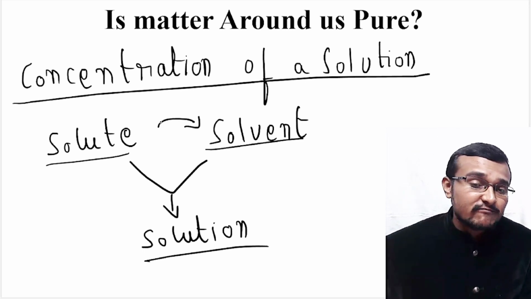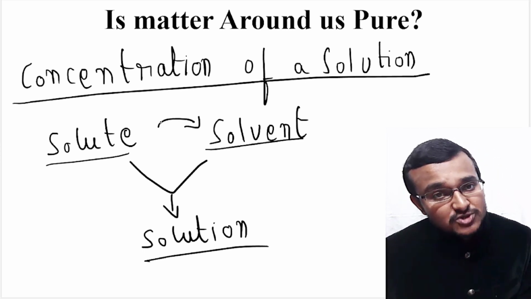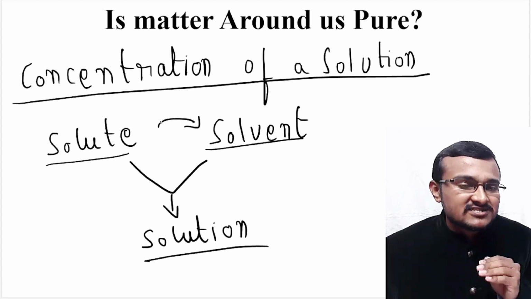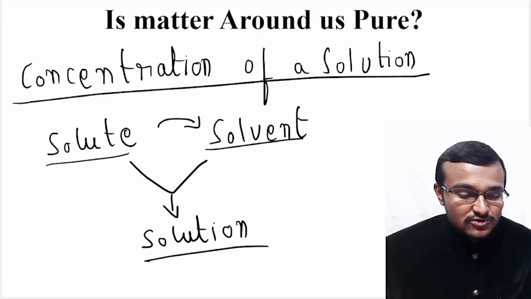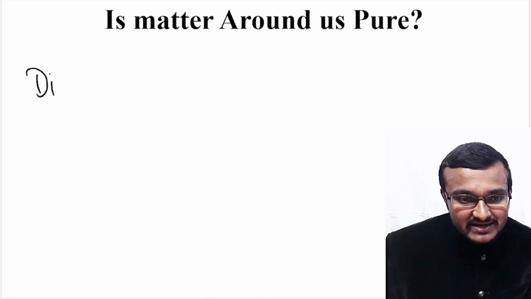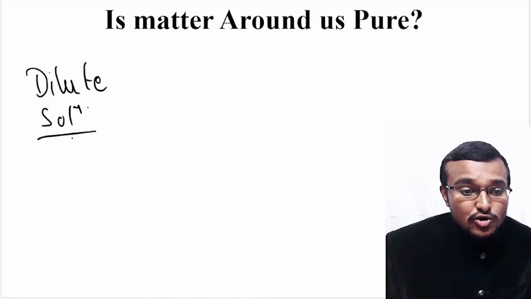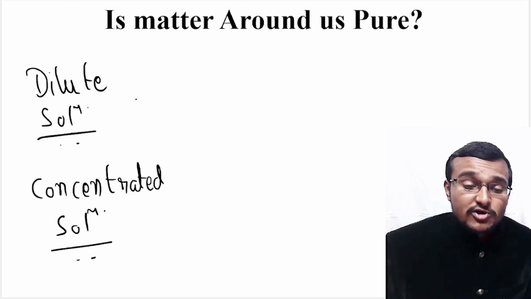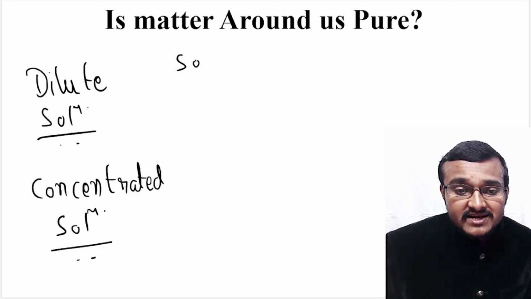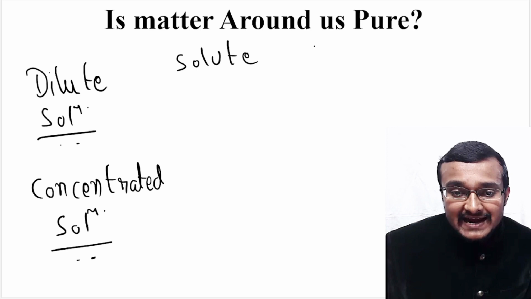If you have more solute, then it is known as concentrated solution. If you have less solute, then it is known as dilute solution. So what do you mean by dilute solution and what do you mean by concentrated solution? We all know solution means it contains solute and solvent.